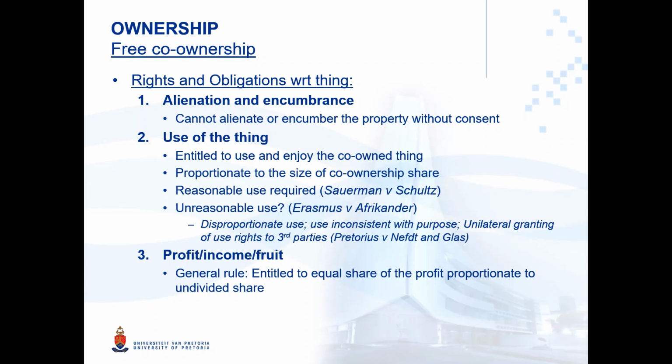Also, the co-owners can, however, in the co-ownership agreement, agree or decide that a co-owner who labored alone to make the profit and who uses the property proportionate to his or her undivided share may keep the profit made, meaning such co-owner does not have to share the profit with the other co-owners.